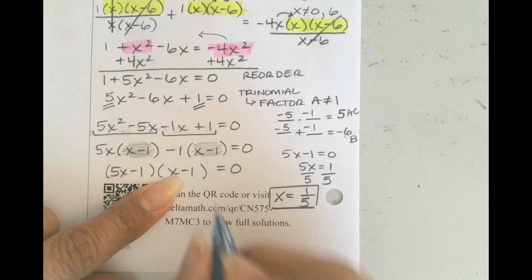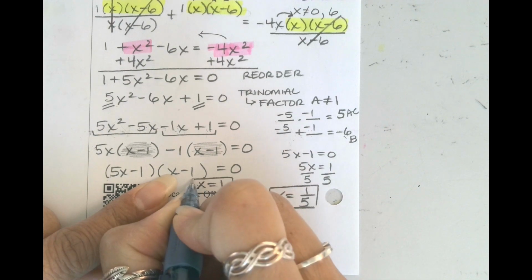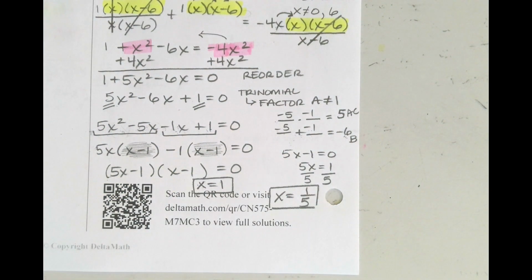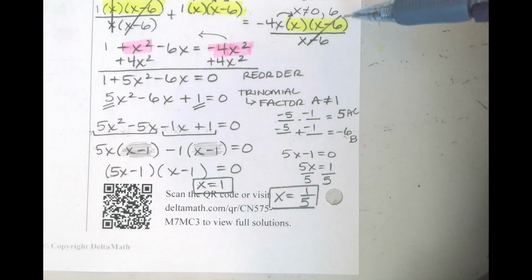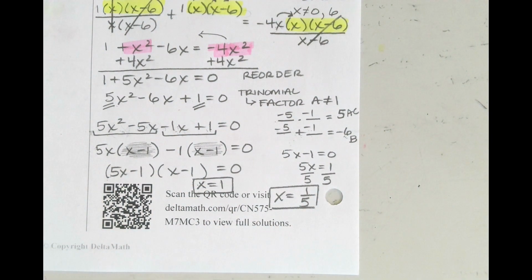And this one, you guys pretty much know, it's take the opposite. X equals 1. Neither one of those x values were the restrictions. Our restrictions were only 0 and 6. Neither one is 0 or 6. And you are done. Are there any questions?